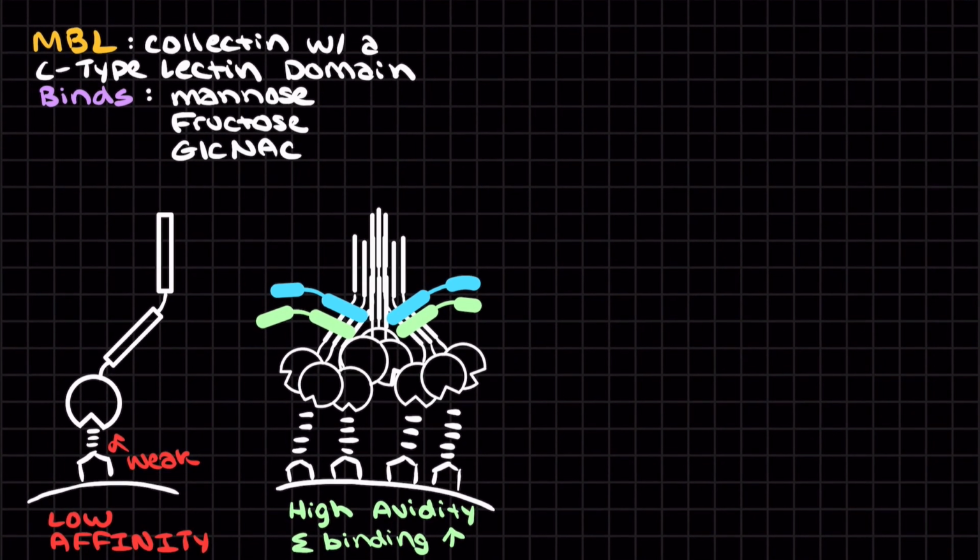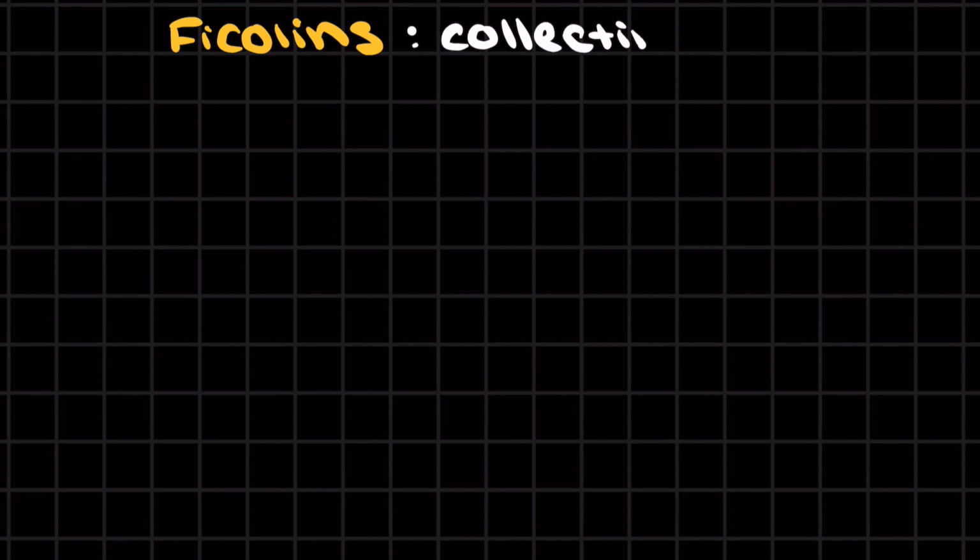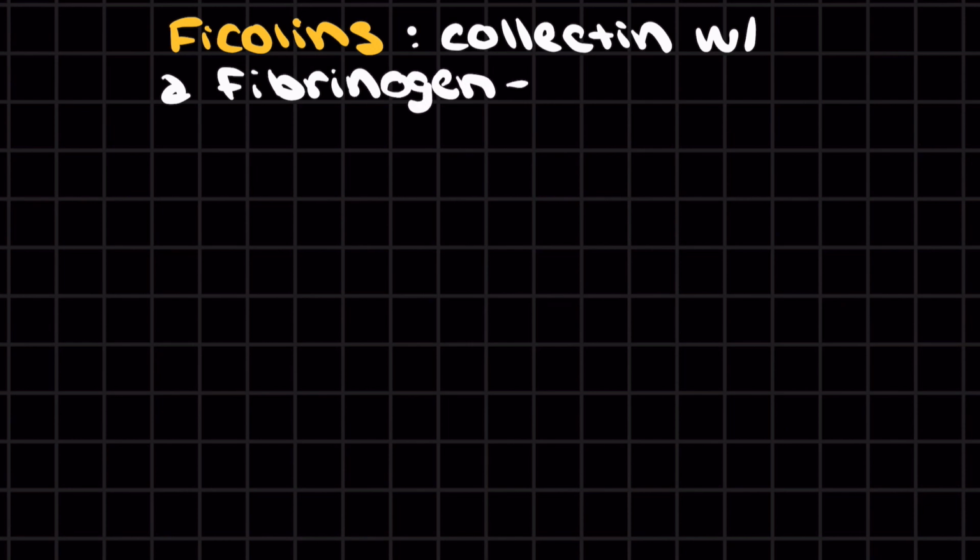With that out of the way, let's now move on to our second PRR of the lectin pathway, the ficolins. And ficolins, similarly to MBL, are a collectin, in this case with a fibrinogen-like domain.